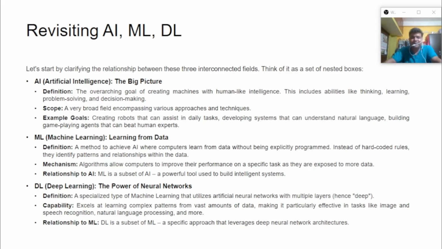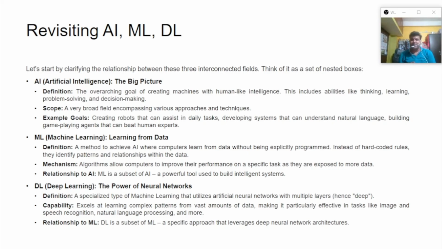First thing, very important: revisiting AI, ML, DL. Let's start by clarifying the relationship between these three interconnected fields. These are all interconnected. Mind it. Remember it.